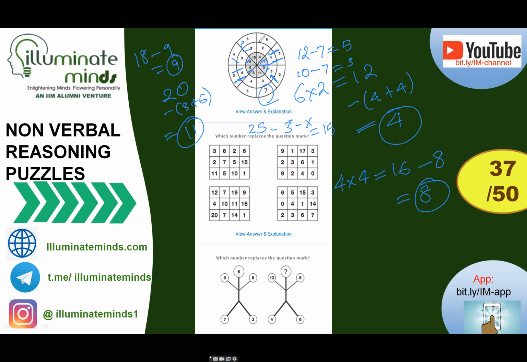So that makes it 3 plus x is equal to 10, so x is equal to 7. I hope I'm doing it correct, right? 5 into 5 is 25. 25 minus 3 minus x will be equal to 15. So x is equal to 7. The correct answer is 7.